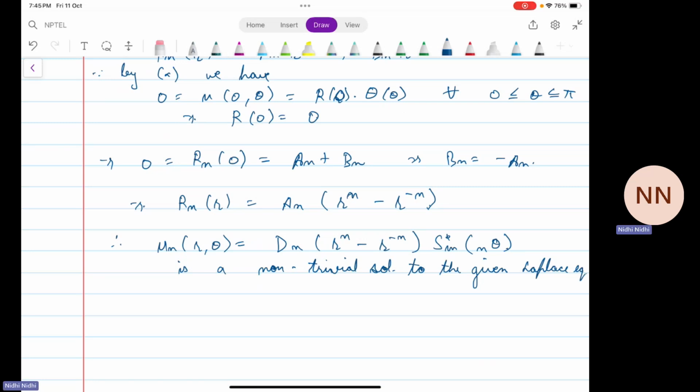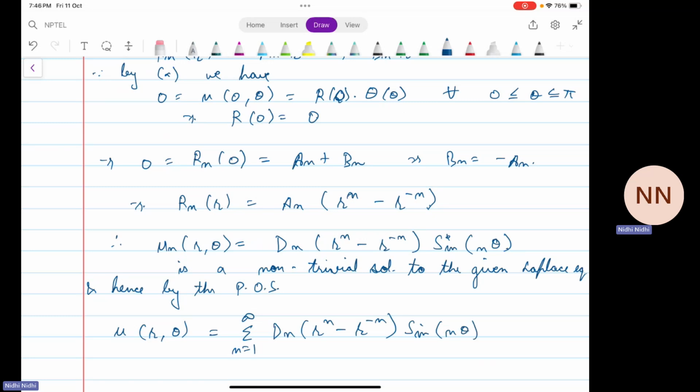And hence by the principle of superposition, u(r, theta) is equal to the summation n from 1 to infinity d_n (r to the power n minus r to the power minus n) sine n theta.